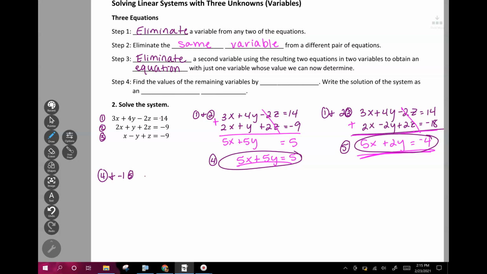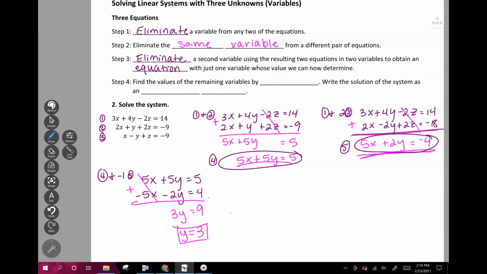So equation 4 is 5x plus 5y equals 5. And negative 1 times equation 5 gives me negative 5x minus 2y equals positive 4. Okay, my x's cancel. That's why we did that. So 3y equals 9, which means y equals 3.